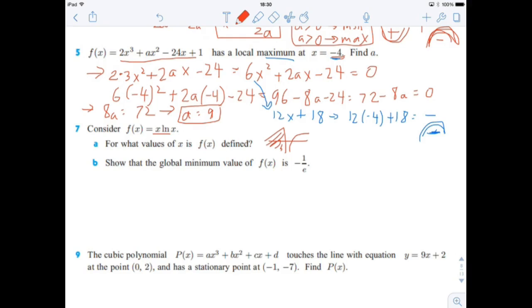So at minimum, we're going to say x has to be larger than 0, because that's the way log is. And we'll continue here and see if that's true for everything. Show that the global minimum value of the function is negative 1 over e. The global minimum value of the function.